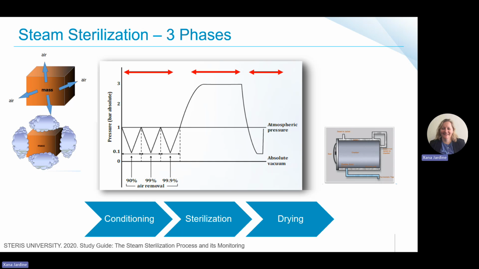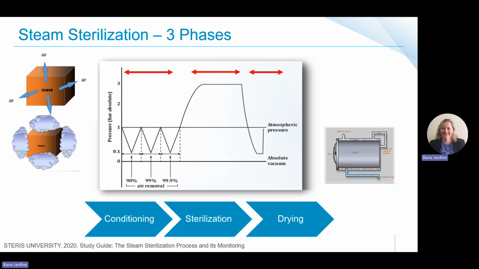Then we begin the second phase, which is the sterilization phase. During the sterilization phase, all the items or devices in the sterilizer are exposed to steam for generally around 3.5 minutes to kill the microorganisms, because that's how long it takes. The third phase over here is the drying phase.